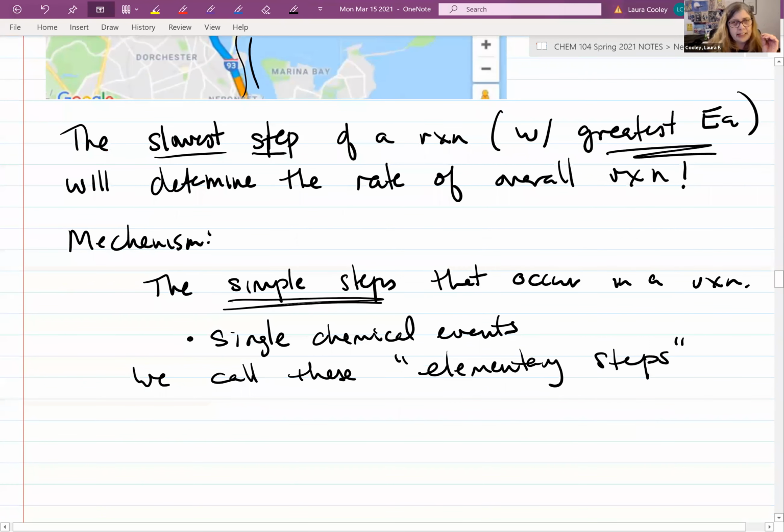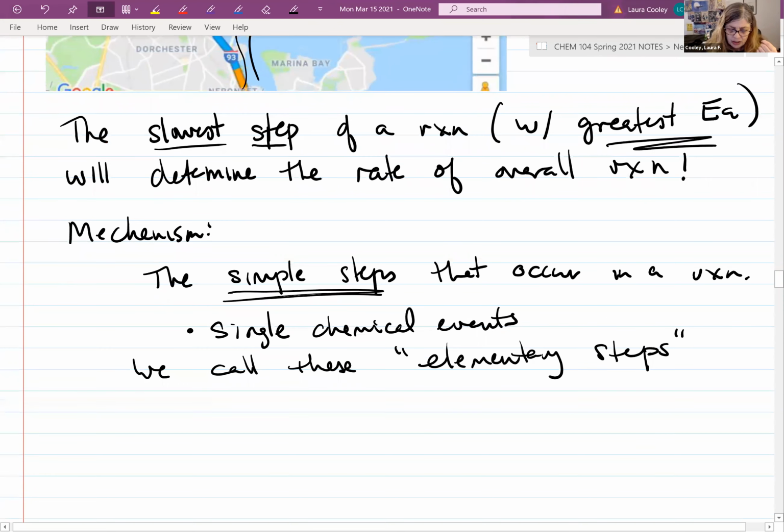They are elementary because they are single chemical events. And when you write down an elementary step, because it actually happens that way, the rate law is obvious. If it involves just one molecule, it's first order in that compound. If it involves a collision of two, it will be first order with respect to each.